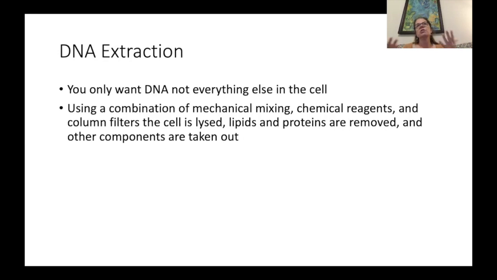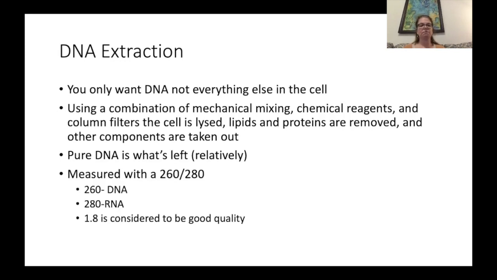What happens then is the DNA, but everything else, including a lot of proteins and lipids, are also released. And so, using sometimes chemicals, using special column filters that selectively bind the DNA, and then we elute the DNA off of those filters, we're able to remove lipids, proteins, and any of these other molecules that might interfere with the sequencing reactions. So what's left is relatively pure DNA.